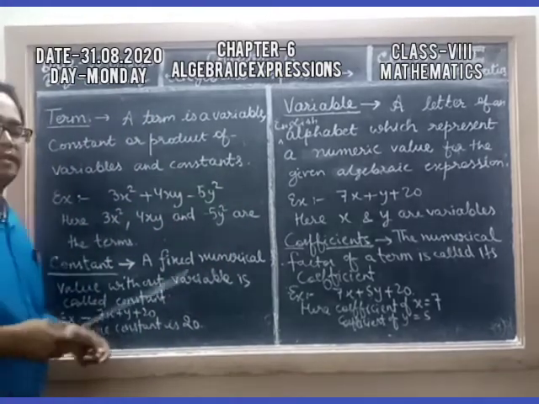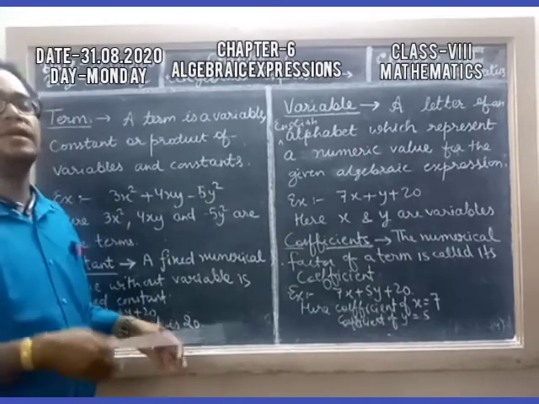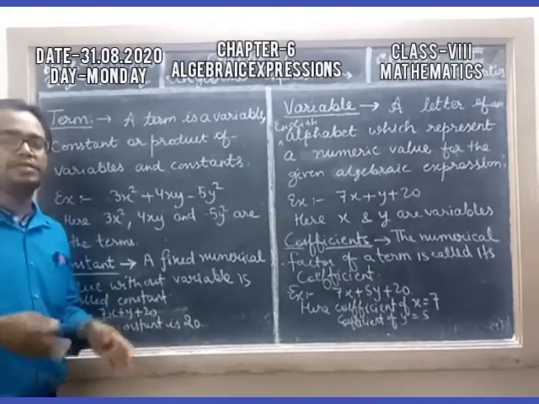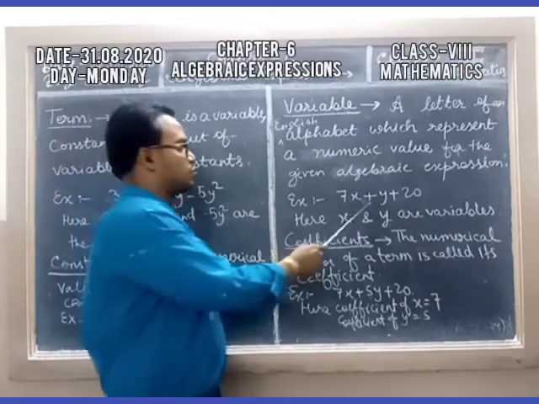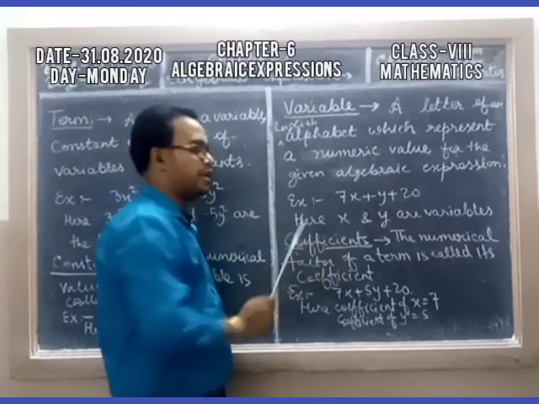So a variable will be x, y, z, p, q, r, a, b, c. Example: 7x plus y plus 20. Here x and y are variables.